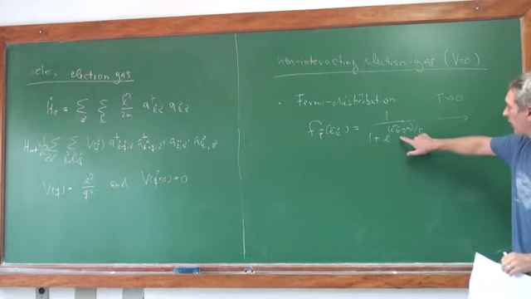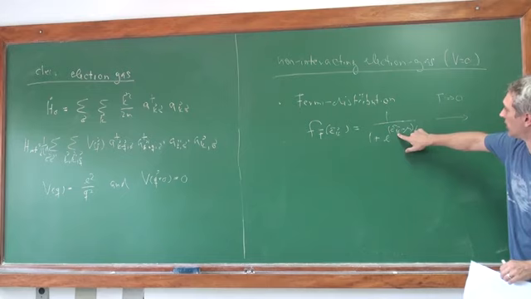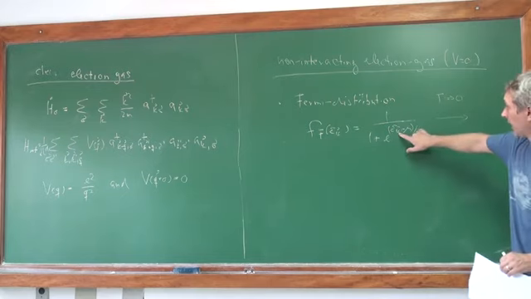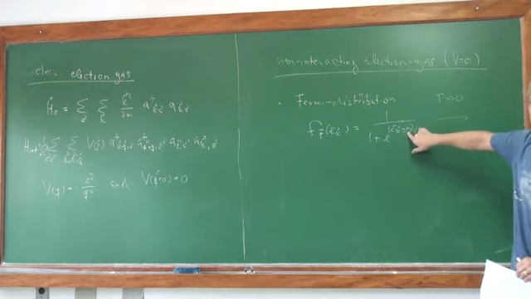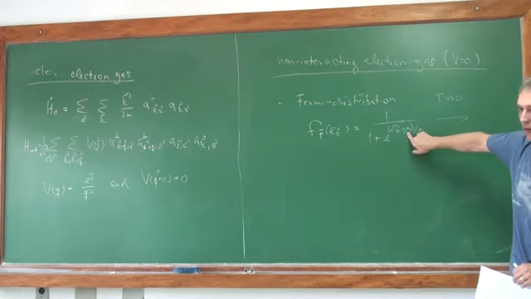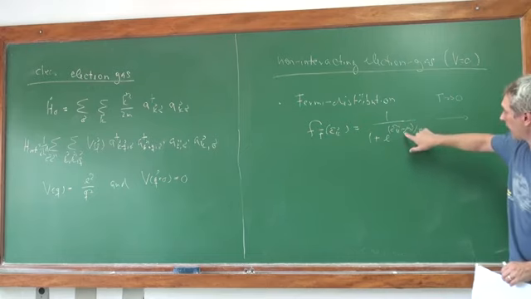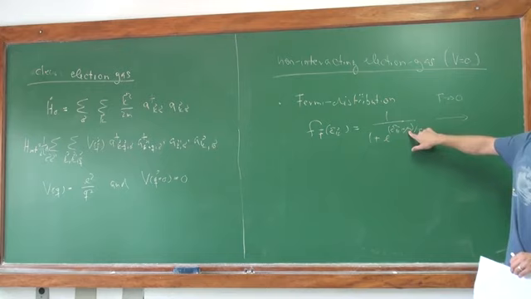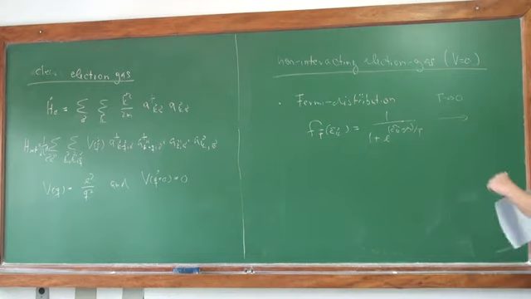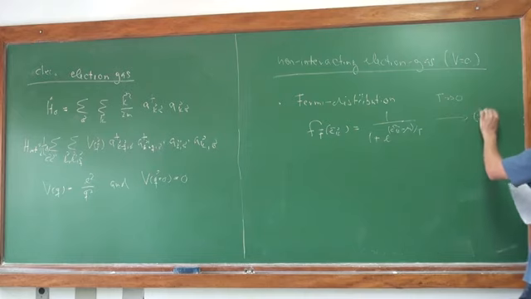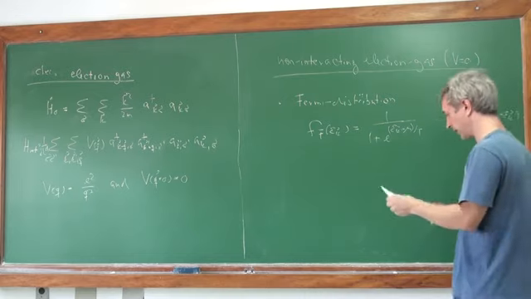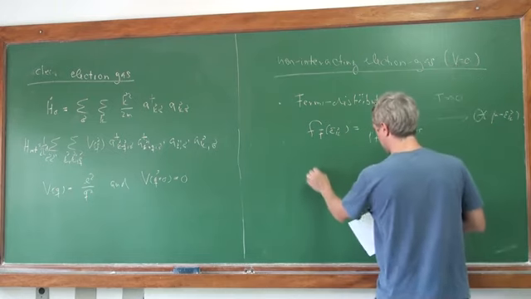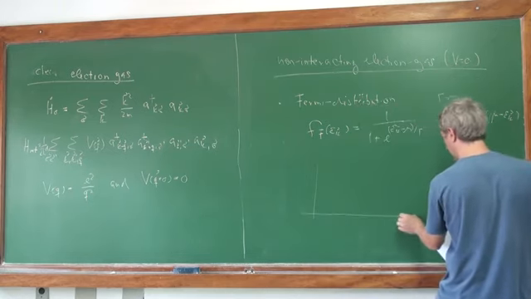All states are occupied which have energy epsilon k smaller than mu, then the exponent is negative, and the limit to 0 just gives a 0, so the occupation is 1. For energies above the chemical potential, it is positive, so this gives theta of mu minus epsilon k. And this is what you learn in statistics for any non-interacting Fermi gas.